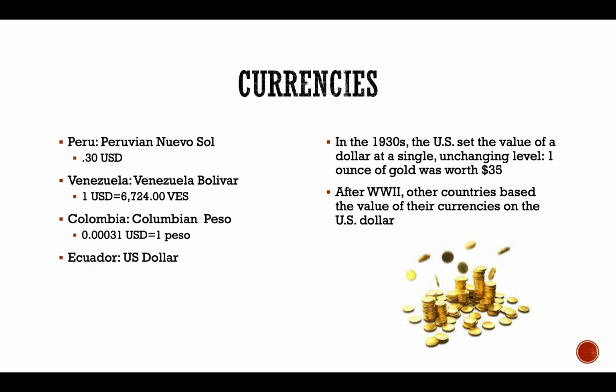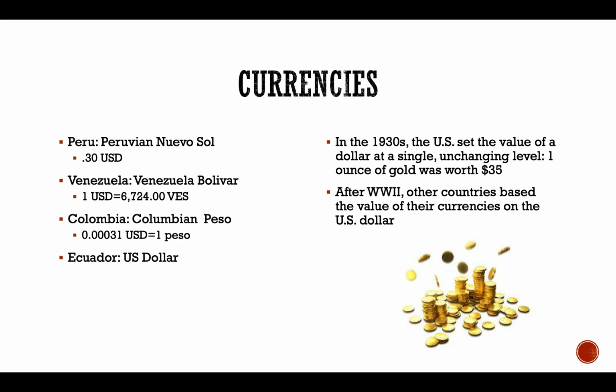Venezuela, on the other hand, $1 U.S. equals 6,724 of their currencies, and Colombian pesos are extremely small, or 1 U.S. peso is an extremely small portion of the U.S. dollar. And Ecuador actually uses the United States dollar, and so theirs is the same as ours.